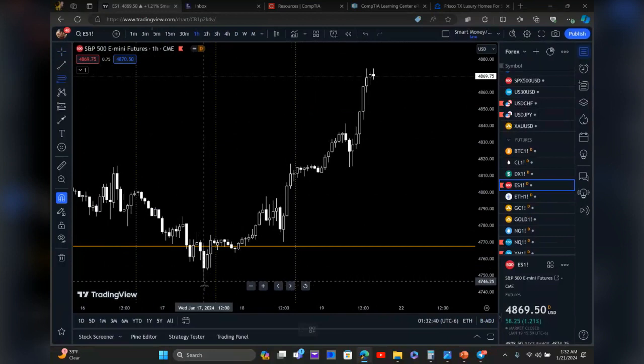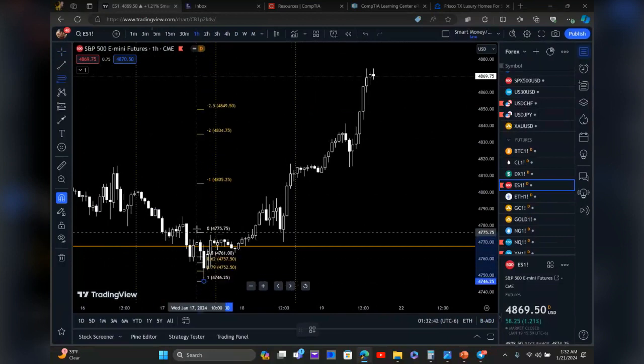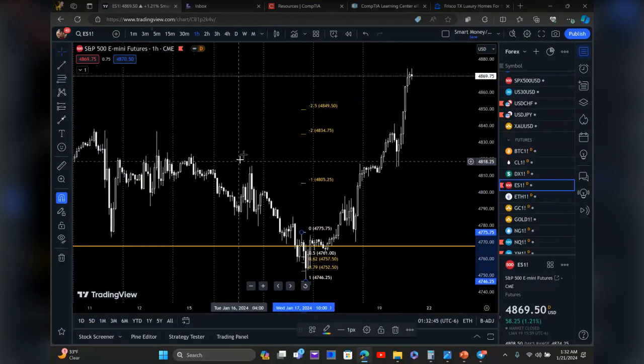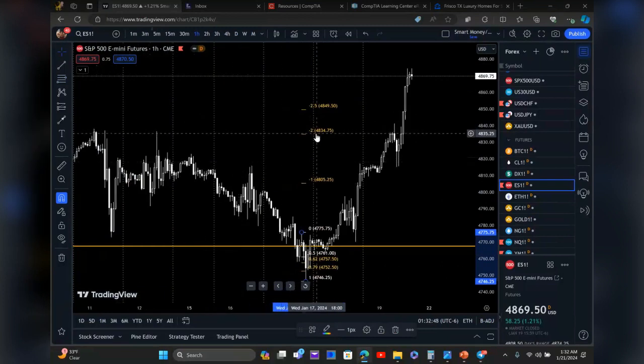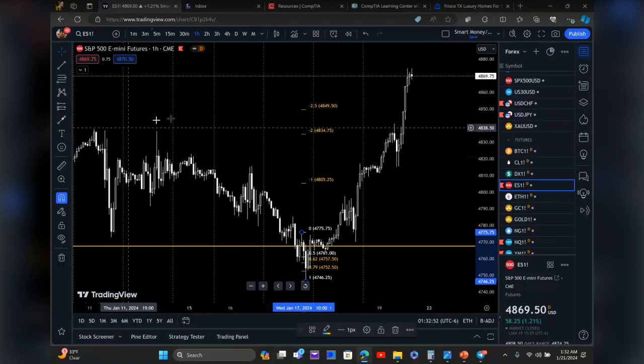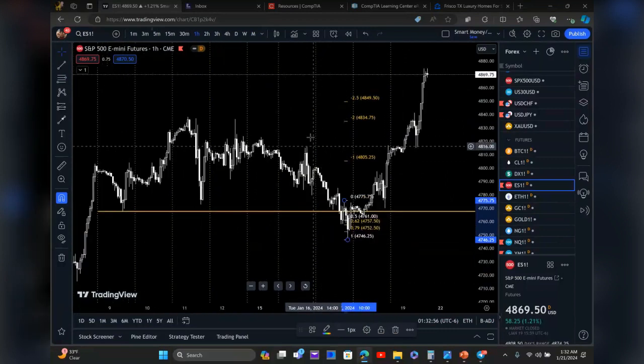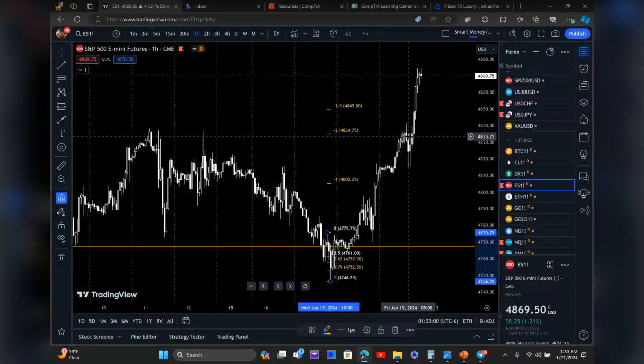Okay, so I put on my fibs from here to here. We got in between the 2 and the 2.5, look, equal highs right there. See, that's liquidity. Look what happened. Wicked it, came down, boom. Perhaps it's targeting the -4. It could be targeting the -4.